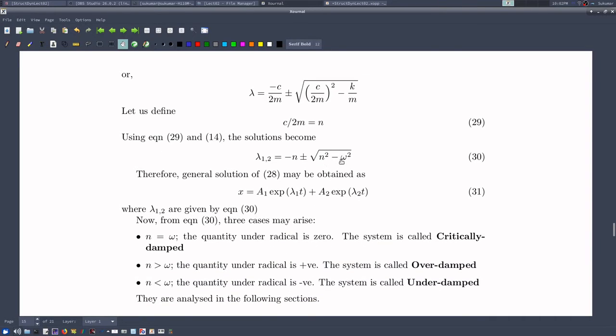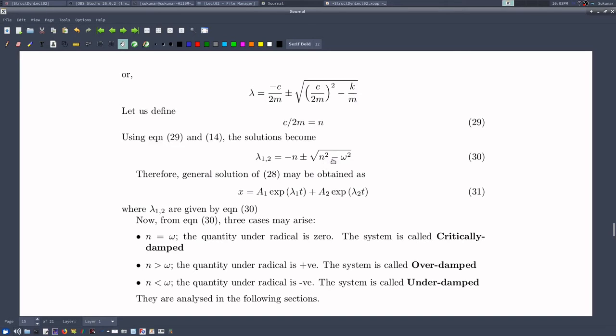When n is equal to omega, then what happens? This quantity becomes 0, and therefore both the roots of the auxiliary equation are equal, and therefore I will have a1 plus a2, which is a new constant, times e to the power lambda 1 t. Okay, and that condition is called a critically damped system.